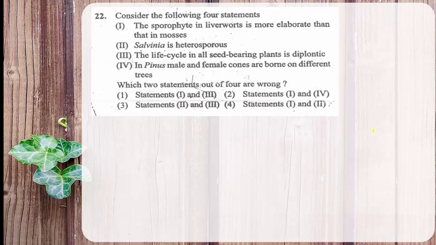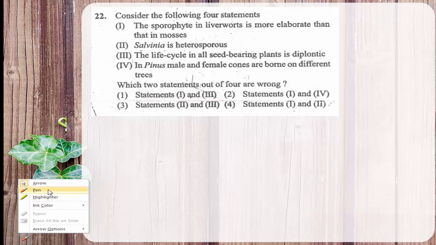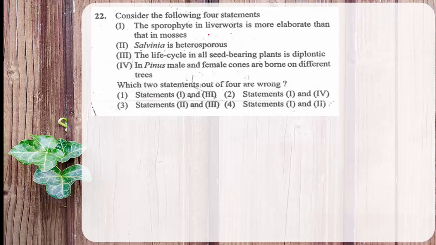See, the sporophyte in liverworts is more elaborated than in mosses. This is a wrong statement because mosses are the higher bryophytes than liverworts. Actually, in mosses, the sporophyte structure is more distinguished and more elaborated. So the first point given with respect to the sporophyte of liverworts and mosses is wrong.